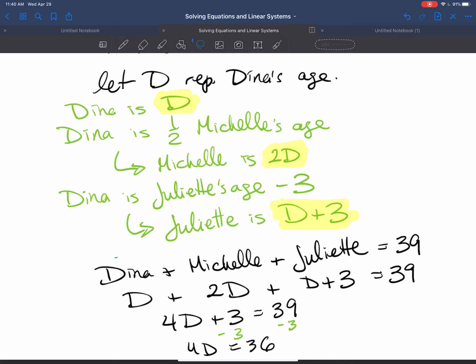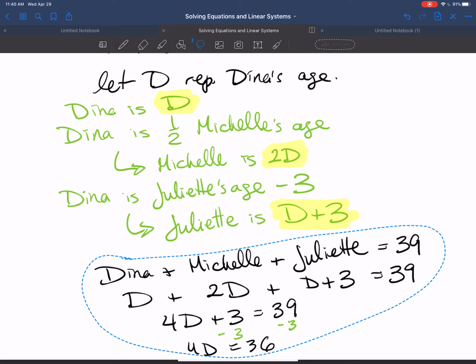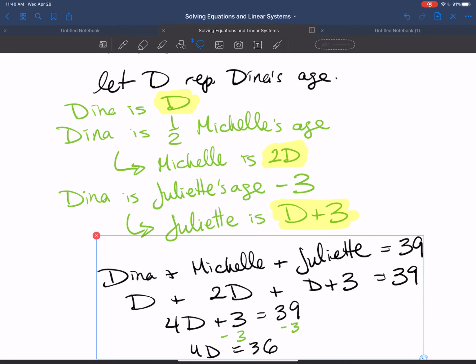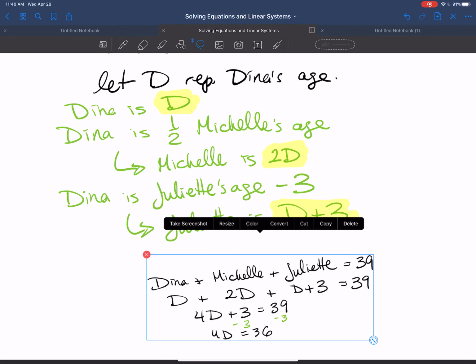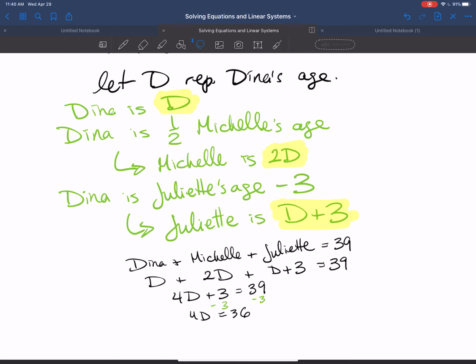I wrote too big. So now we're going to divide by 4. So D is equal to 9.